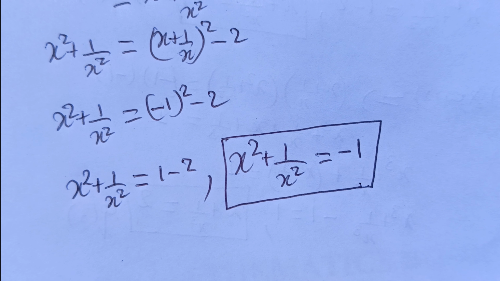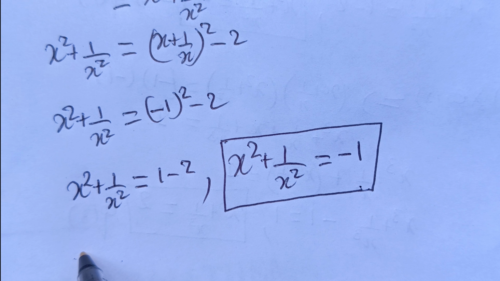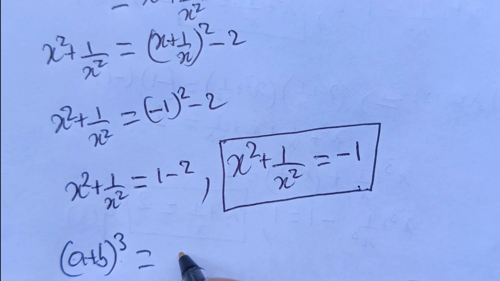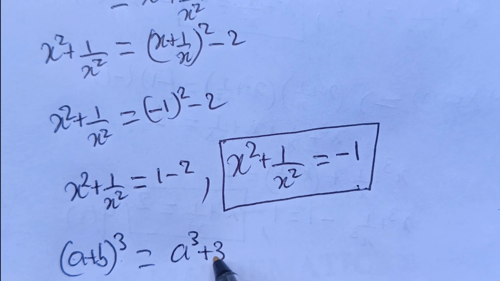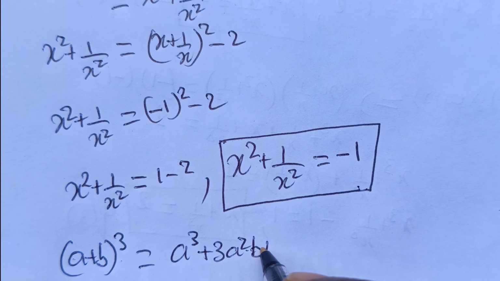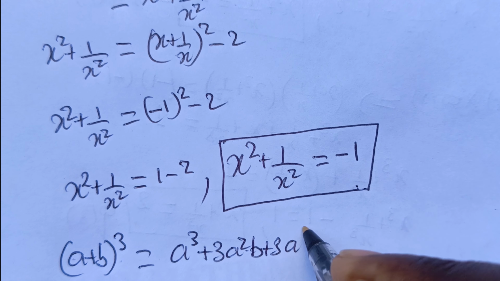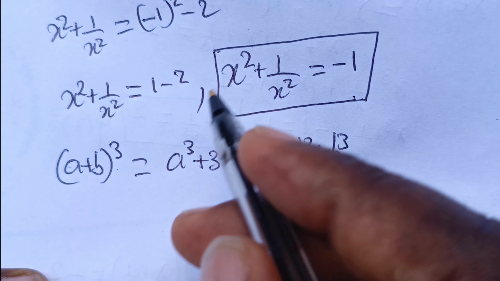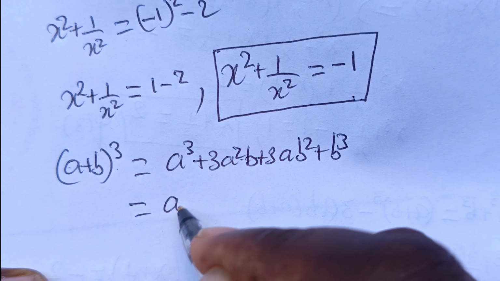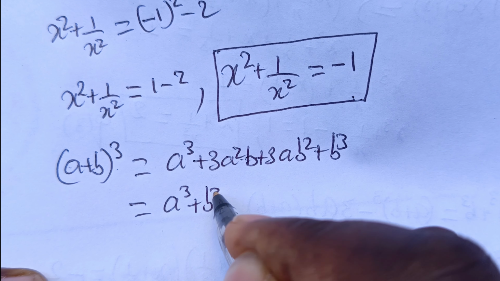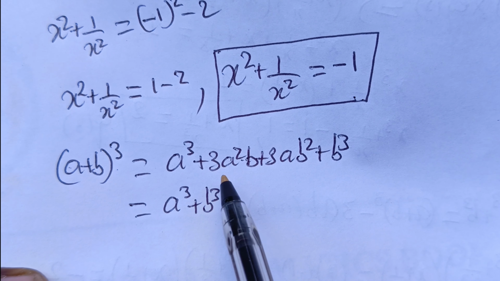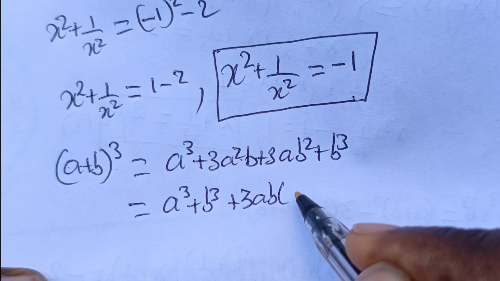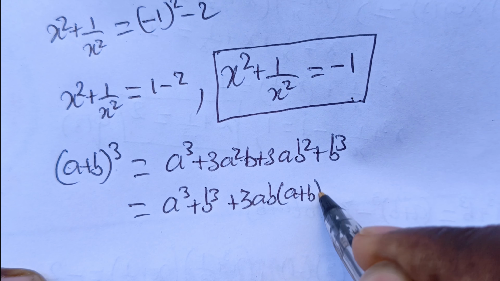I do want to remind you again of this formula: a plus b to the power 3. This is a to the power 3 plus 3a squared b plus 3ab squared plus b to the power 3. And this is the same as a to the power 3 plus b to the power 3 plus, here let me factorize by 3ab, to stay with a plus b.